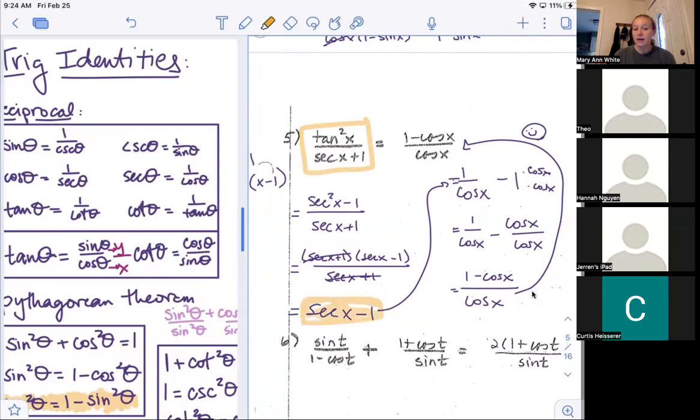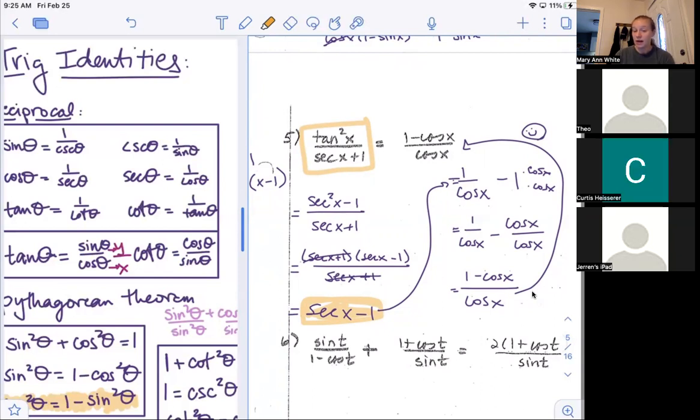That's what I say: when in doubt, put things in terms of sine and cosine. When we put secant as 1 over cosine, it made it much easier to decide what was on top and what was on bottom, and that we could combine it to be our final answer. Anybody questions?